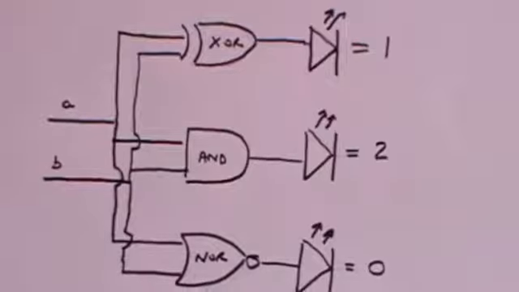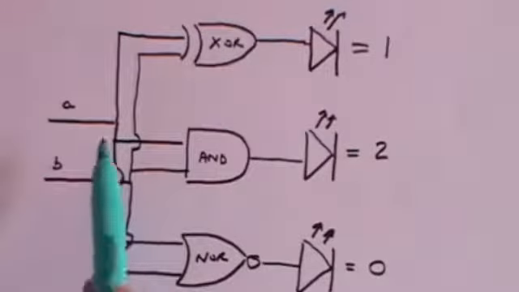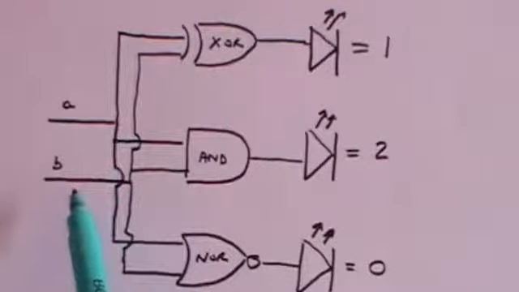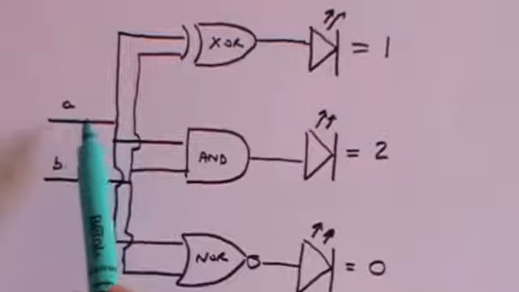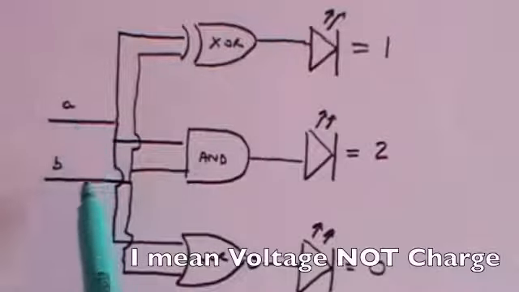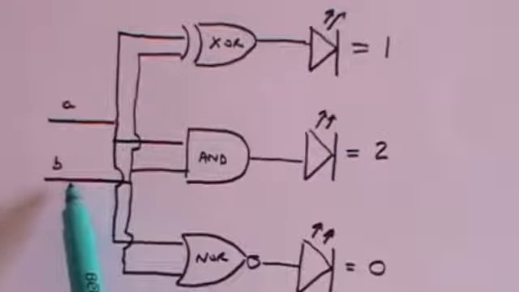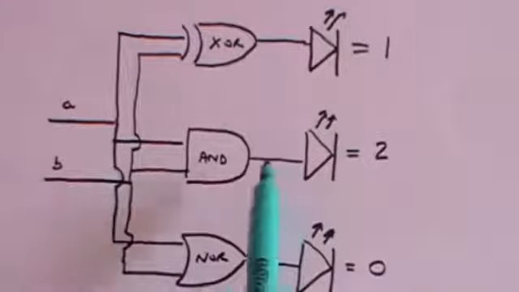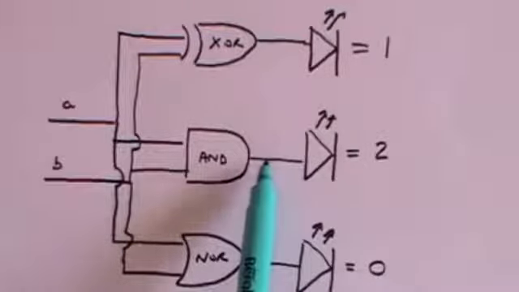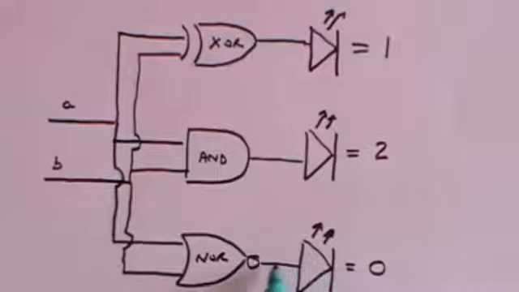So what you do is you take your inputs A and B and you put whatever you like. You can put, say, a positive charge on A and no charge at all on B. And what will happen is that you will get no output from AND because they both have to be positive, no output from the NOR because both would have to be 0.